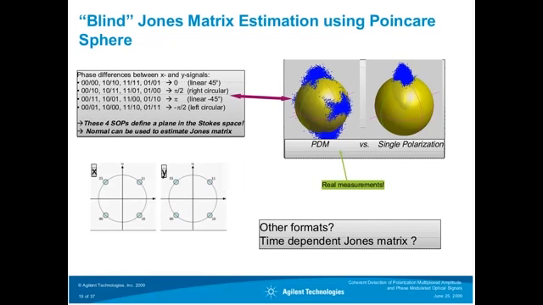So in case you send out a 0, 0 on the X and a 0, 0 on the Y, there's no phase difference between those 2 signals on the X and Y. And the effective state of polarization you're sending out is linear 45 degrees polarized.